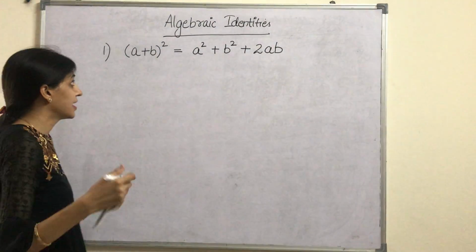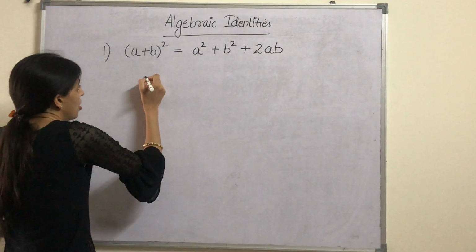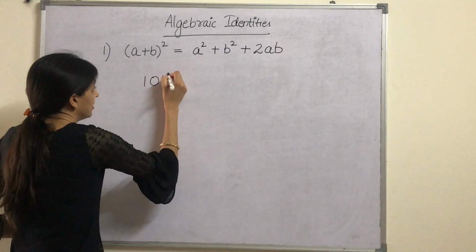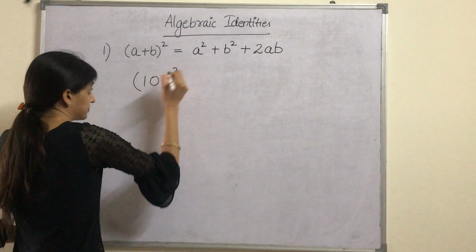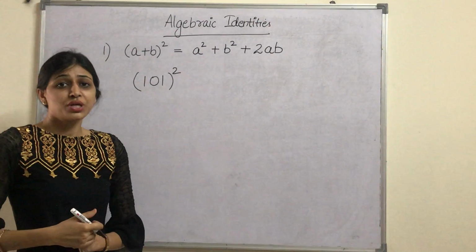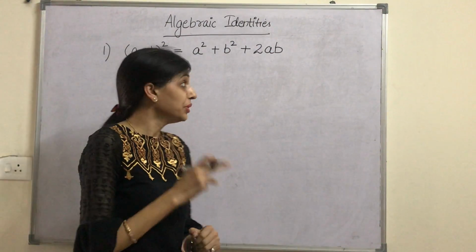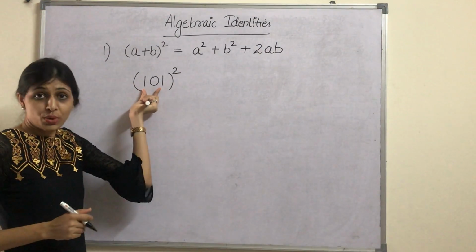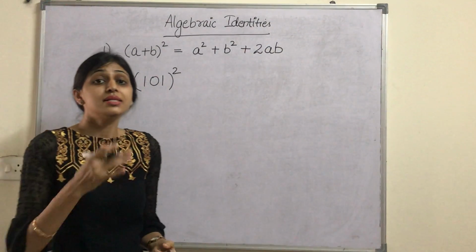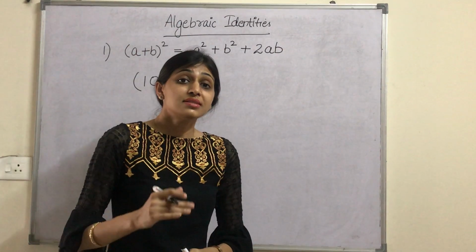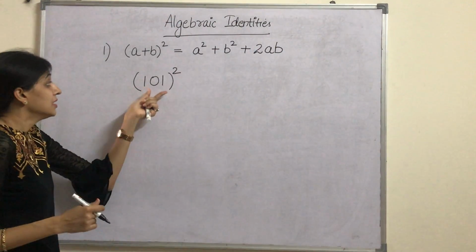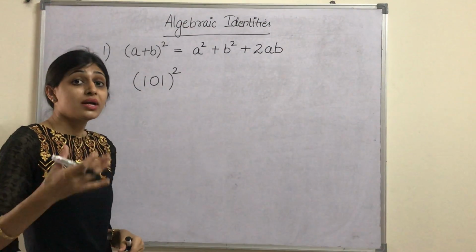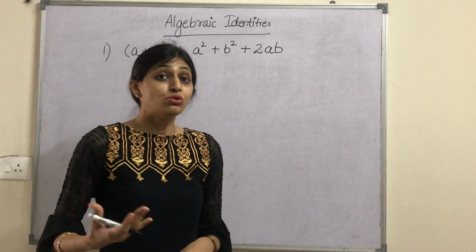Suppose a question is given to you: 101 whole square. Now, how do you have to do it? Always change the question given to you into a simpler form in such a way that the square of the terms comes out easy.